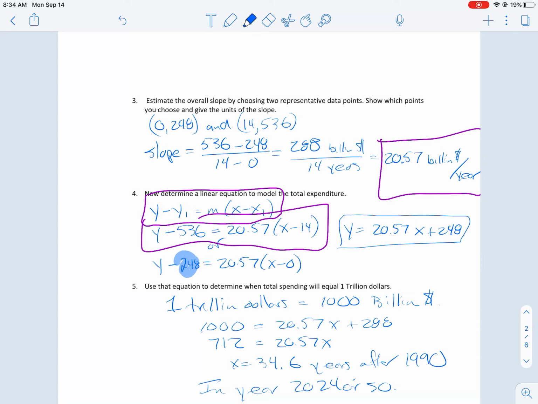Or you can plug in the other point, 248 and 0, and you get a different form of the equation. But if you simplify them both and multiply things out and get it in the y equals mx plus b form, the b's end up being the same and you get the same equation. So it doesn't matter which point you choose for using the point slope formula.